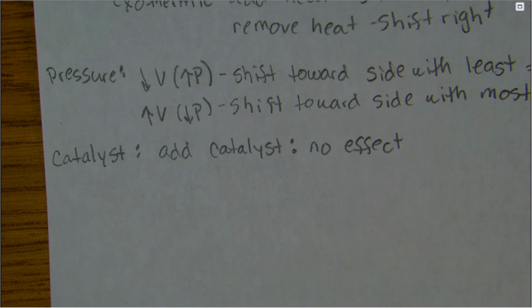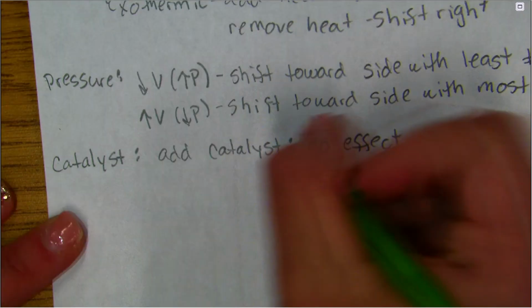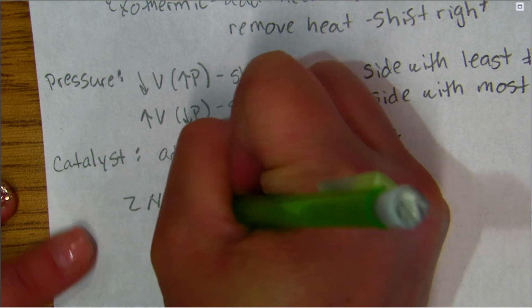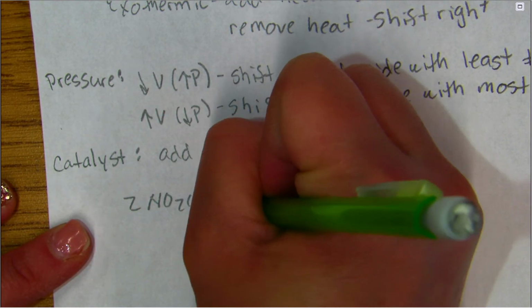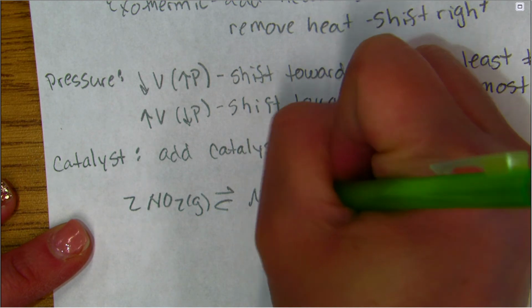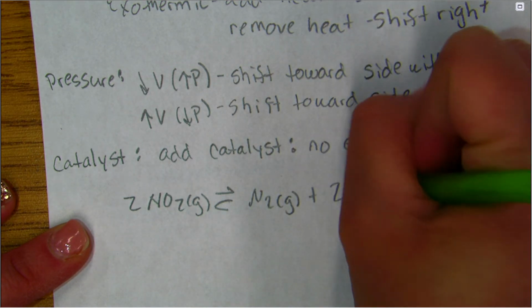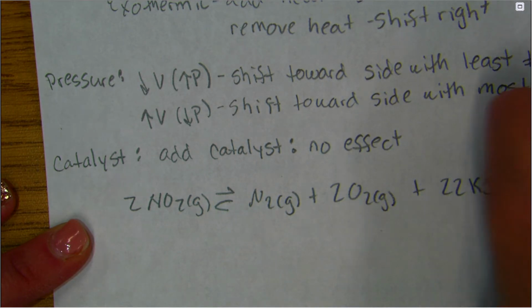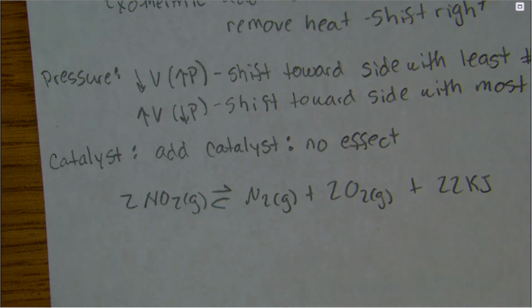So let's look at an equation, and let's see if we can make sense of all of these rules that we just wrote down. My suggestion to you guys, instead of memorizing these rules, think about it logically.